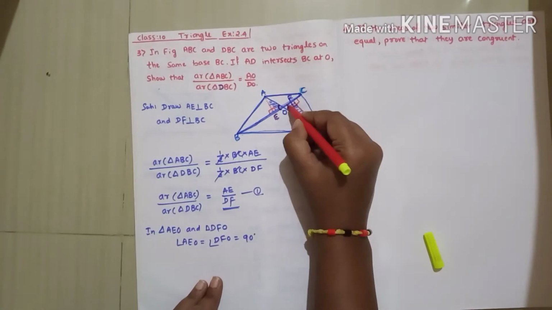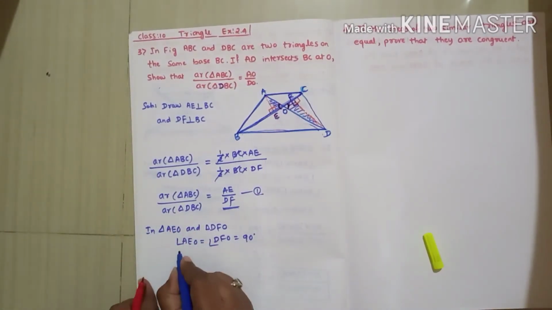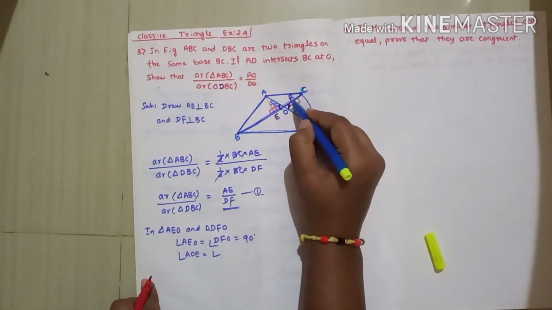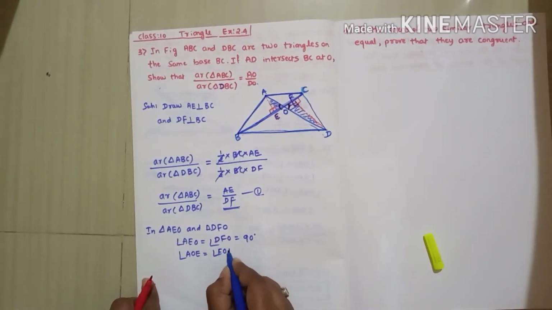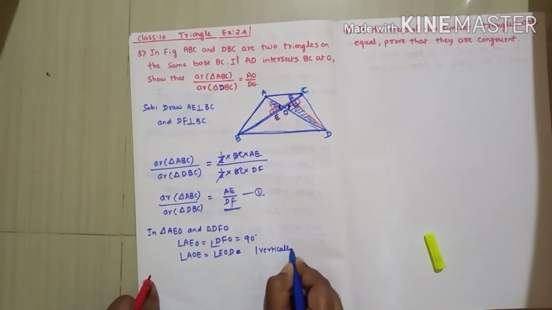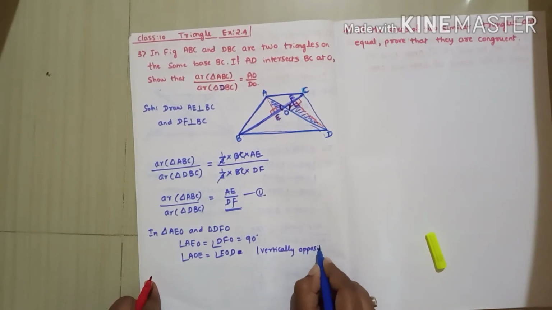Angle AOE is equal to angle FOD, both are equal because they are vertically opposite angles.